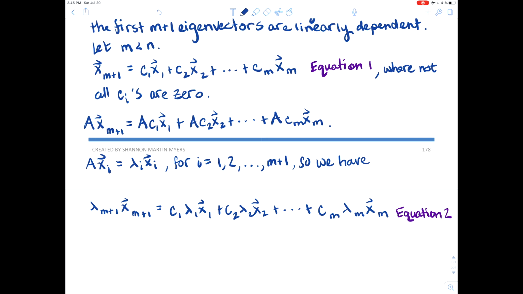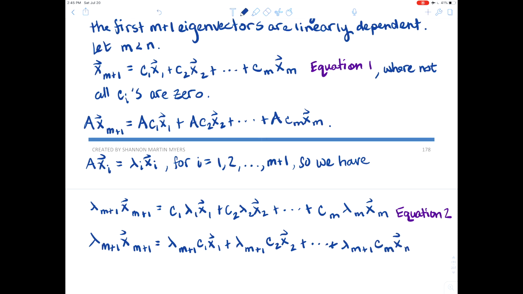We're going to get lambda m plus 1 times x m plus 1 is equal to lambda m plus 1 times c1 x1 plus lambda m plus 1 times c2 x2 plus all the way down to plus lambda m plus 1 times cm xm.